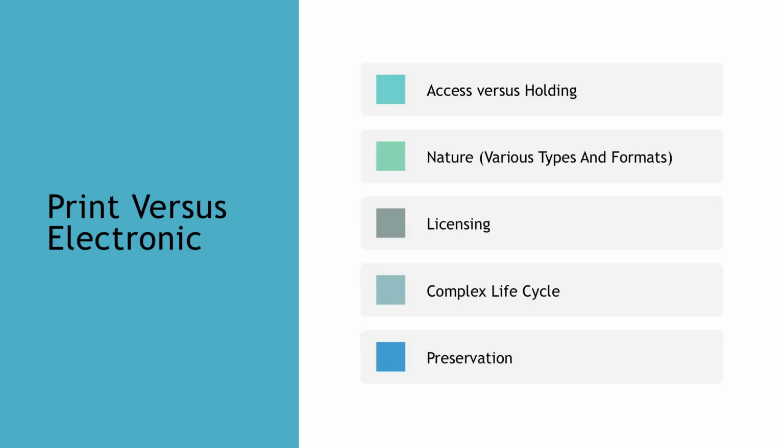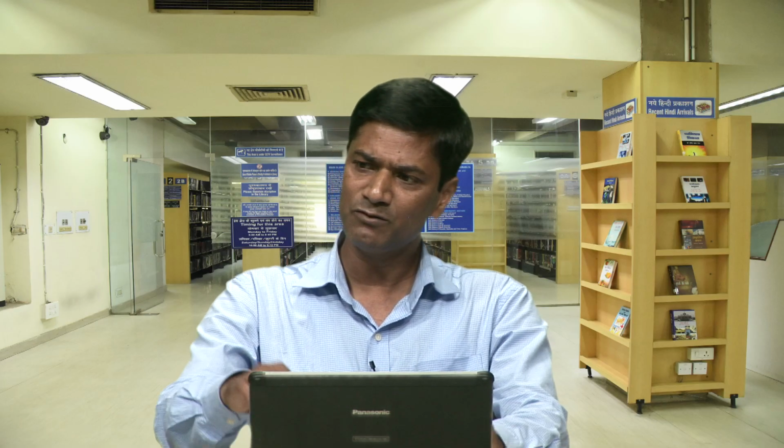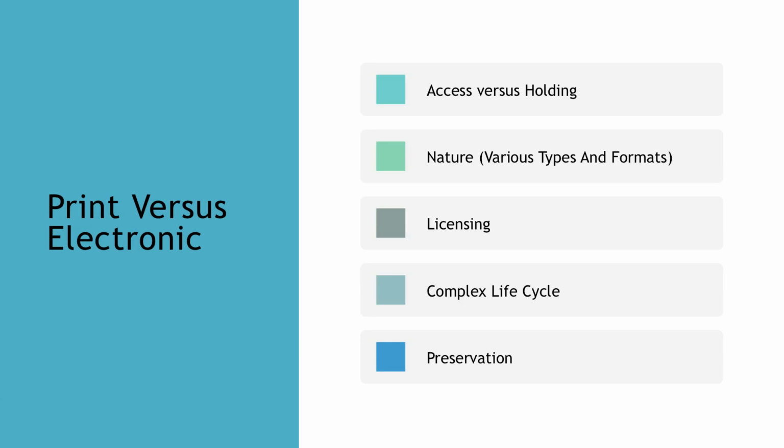But with the electronic resources, an important provision comes, and that provision is licensing. Licensing is the legal provision which governs the access and many of the other aspects of the electronic resources. This was not the case for the print resources. Hence, the principle which we apply for the management of print resources can't be applied for the management of electronic resources.